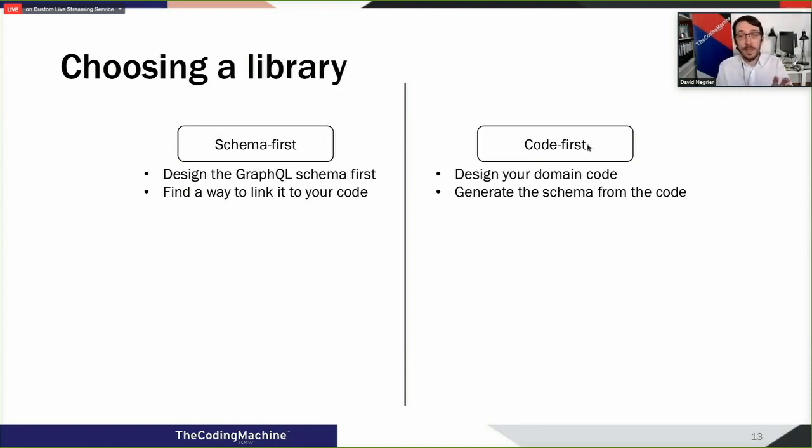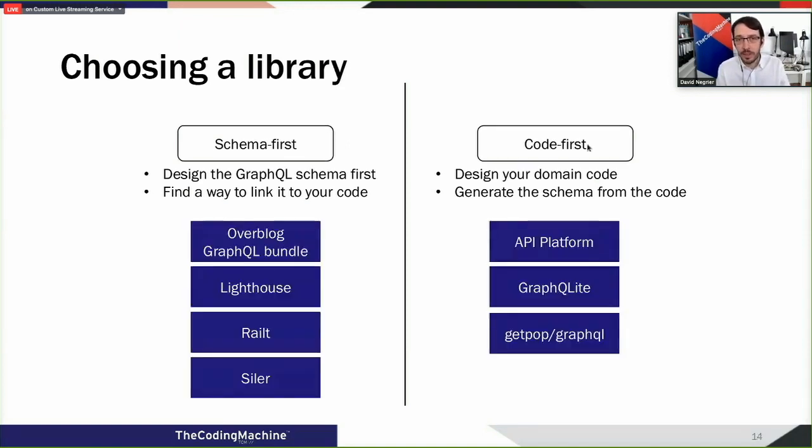PHP sits a bit in the middle because it is optionally typed. You can have types, but you're not forced to. And so you have the two kinds of libraries out there. In the schema-first part, you have Overblog, Lighthouse, Reality, Siler. And in the code-first category, API Platform, GraphQLite, and GetPop.